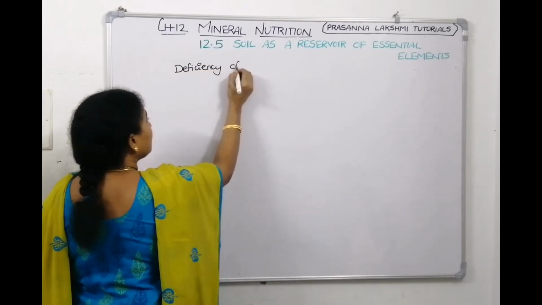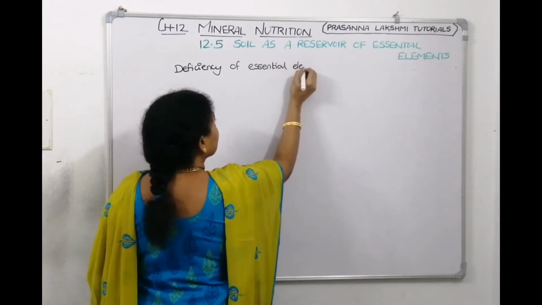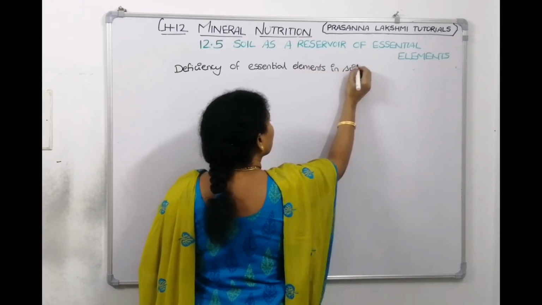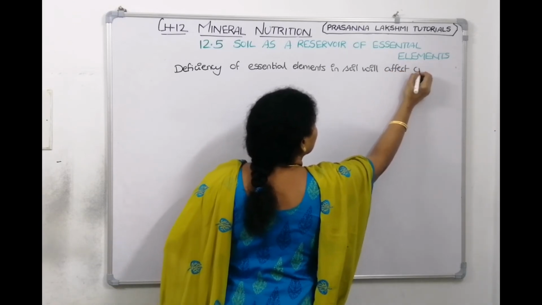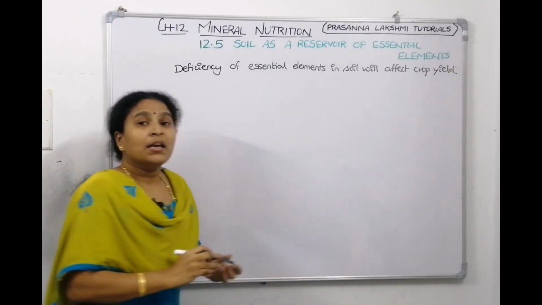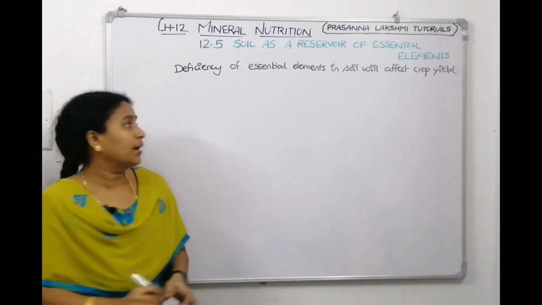The crop yield decreases. That is why the farmers buy fertilizers and add them to the soil.